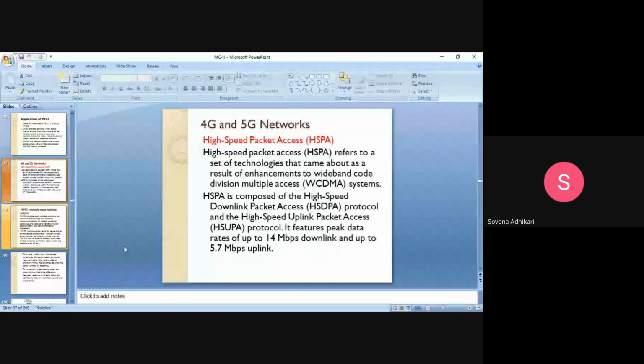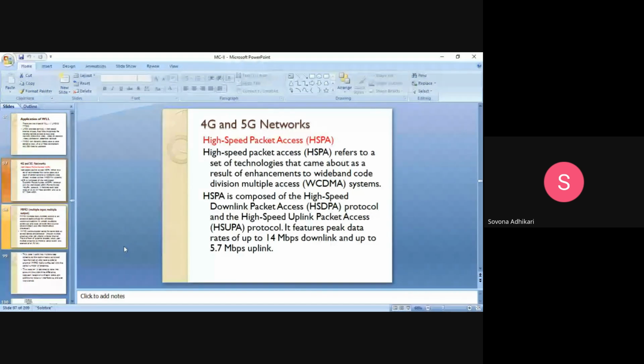4G and 5G networks. You know that nowadays these two generation networks are used widely. Let us discuss some things about 4G and 5G.